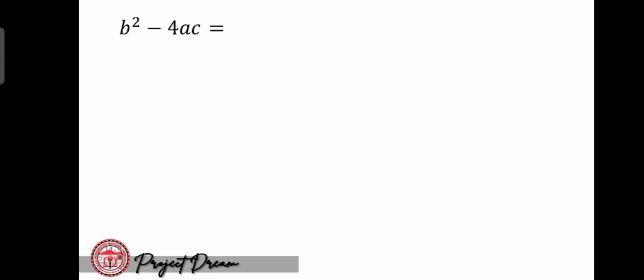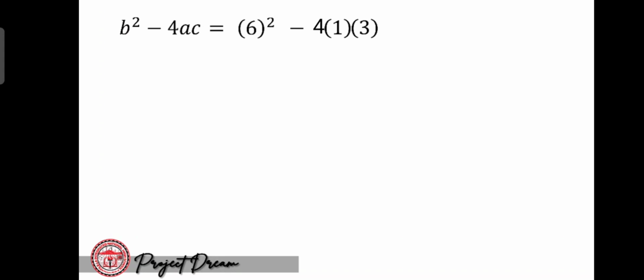What is the value of b? Okay, the value of b is 6. And then minus, copy the number 4. And then, what is the value of a? Okay, the value of a is 1. And then, the value of c is 3.